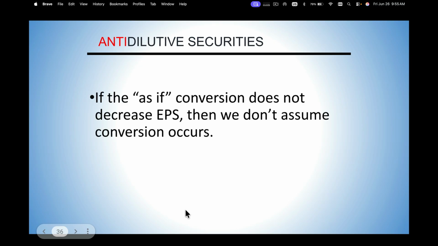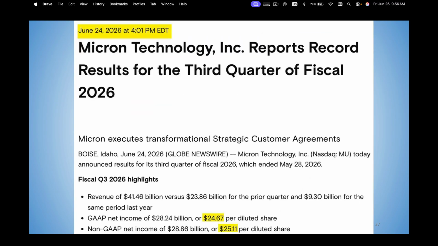So for anti-dilutive securities, if the as-if conversion does not decrease earnings per share, then we don't assume that the conversion occurs. And if there's no difference between basic and diluted earnings per share, you just report basic.